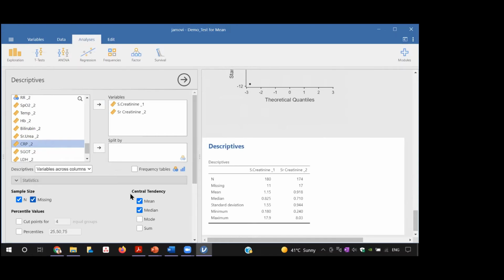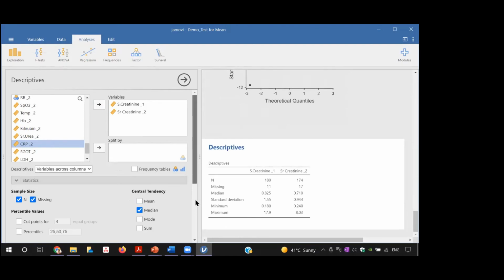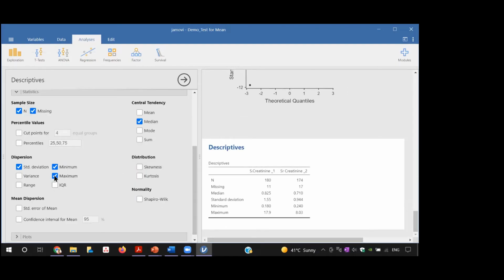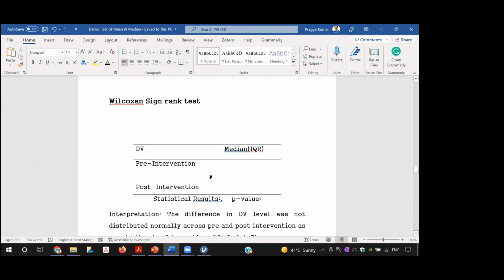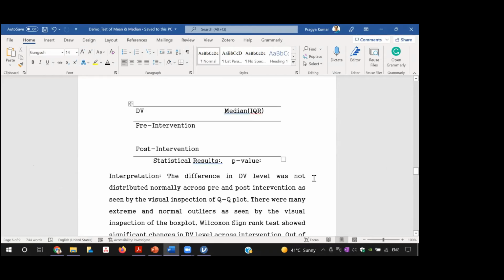In the statistics I'll uncheck this mean and I'll check this IQR. So you can have median and IQR of serum creatinine 1 and serum creatinine 2. And this you have to write in the table, because if you see the table, it is the median and interquartile range of the pre-intervention and the post-intervention, along with its value of your Wilcoxon and p-value.